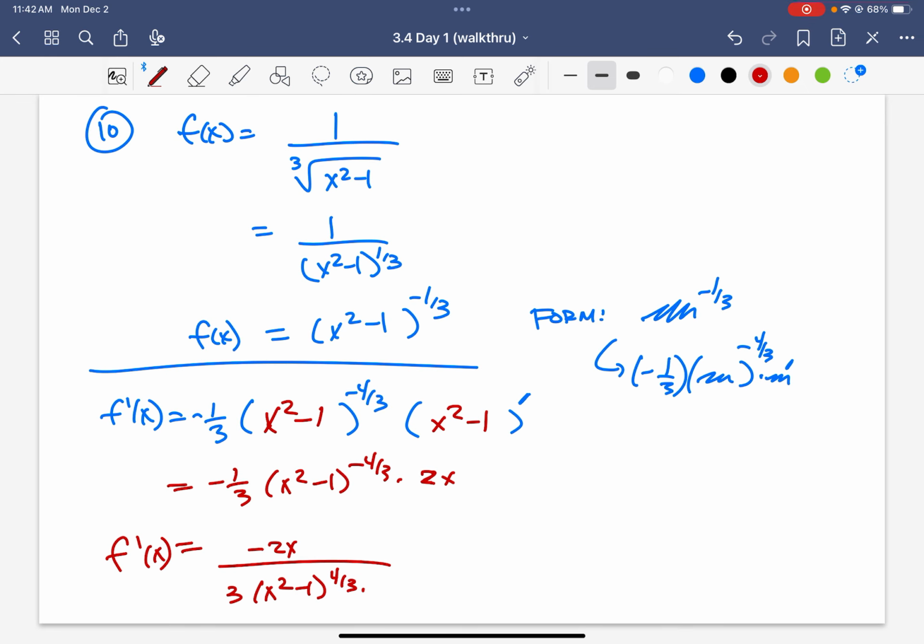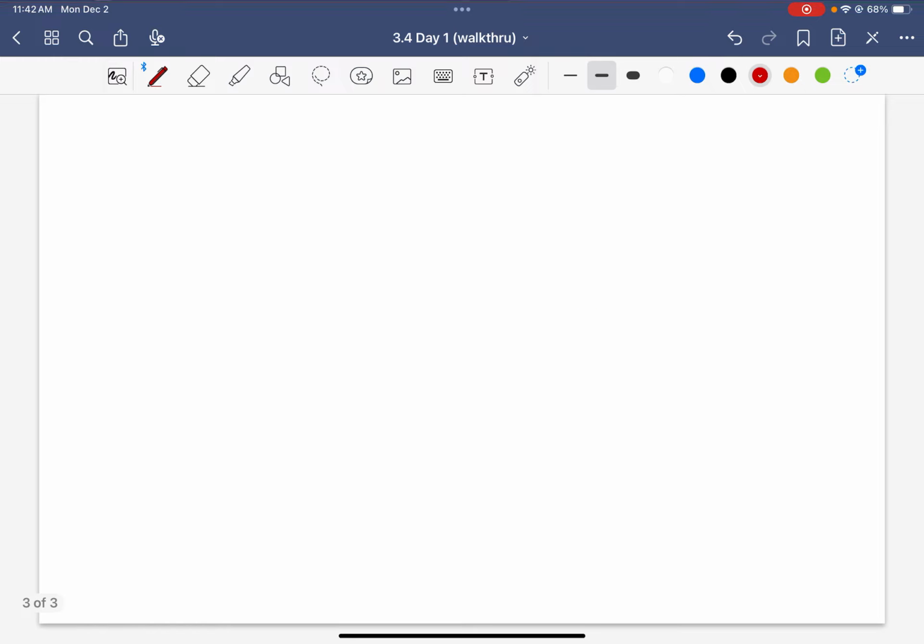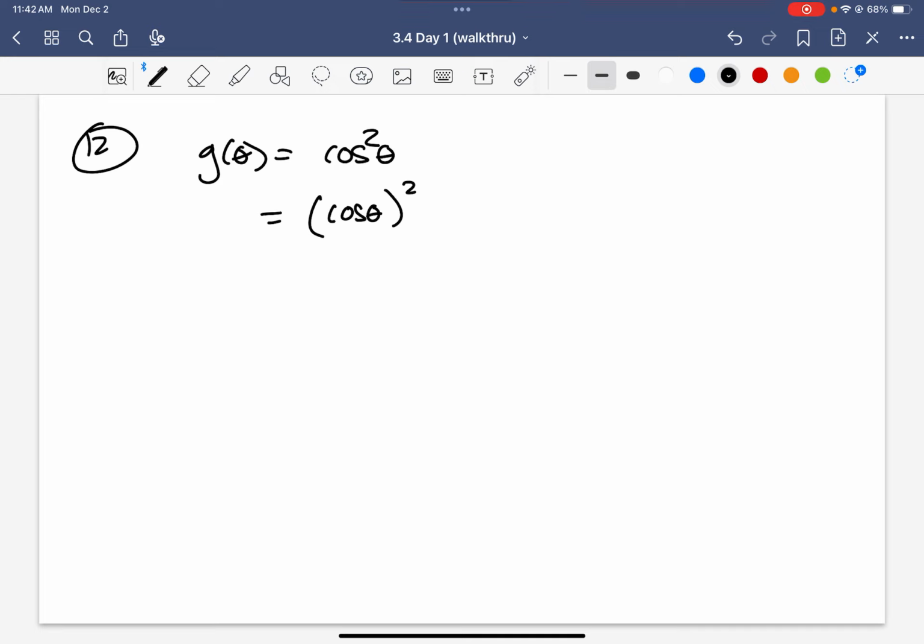Then after 10, we do 12. So let's look at number 12. 12 is g of theta is equal to cosine squared theta. The first thing I do is recognize that that's cosine of theta, squared. So the form of this thing is stuff squared.